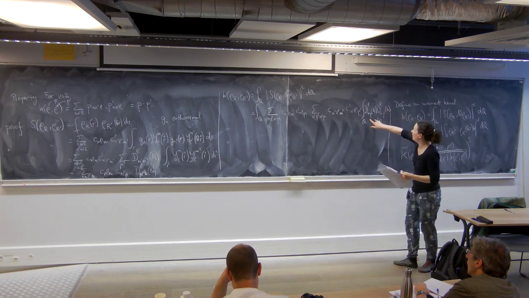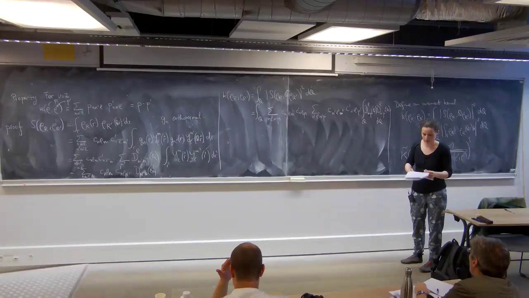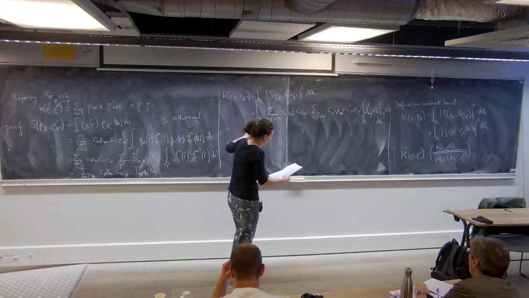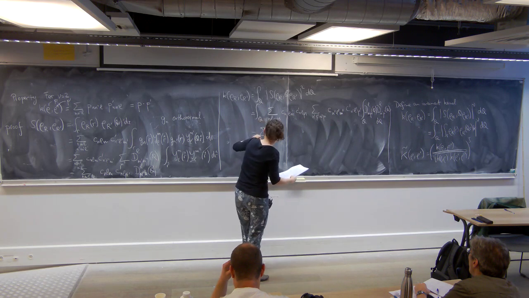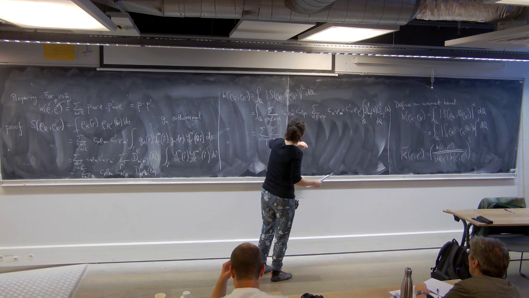This is non-zero only if m is m prime and mu is mu prime. This simplifies the sum that we have here, and so I only have the sum over n, l, m, mu, and the sum over n prime. That's the only thing that's left here.